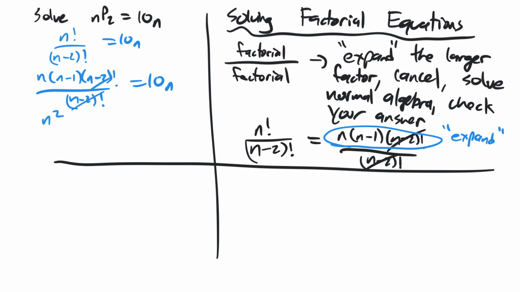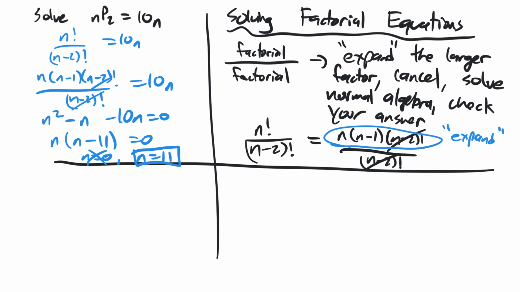Then you get n squared minus n equals 10n. So you get n times n minus 11. So n equals 0 and n equals 11. The n equals 0 gets rejected, and the n equals 11 gets accepted.